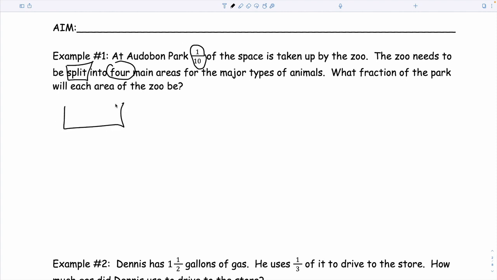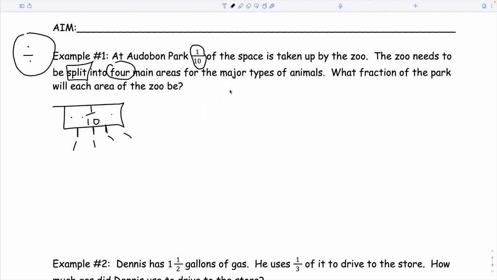We have this space here, which is 1/10 of this park, and we're going to split this thing up into 4 main areas. 1, 2, 3, 4. So if I'm splitting something up, I'm probably dividing. My keyword is split. Let's see if that works.